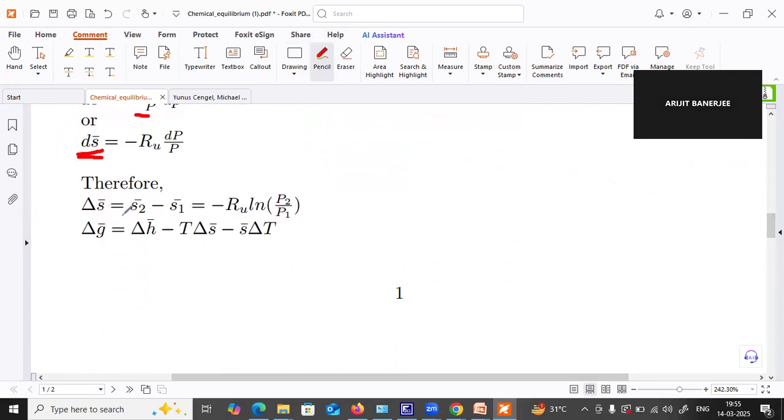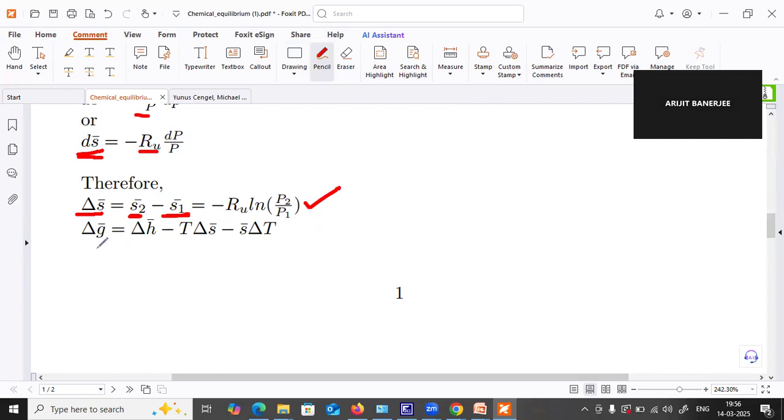So delta S, the finite change, is equal to S2 minus S1, where S2 may represent the equilibrium condition and S1 the starting condition of the chemical reaction. That is the total change. RU is constant, and therefore it will be RU log of P2 by P1, the integral of dP by P.